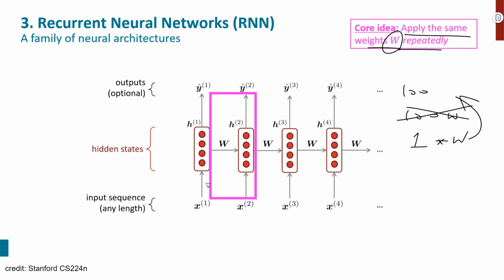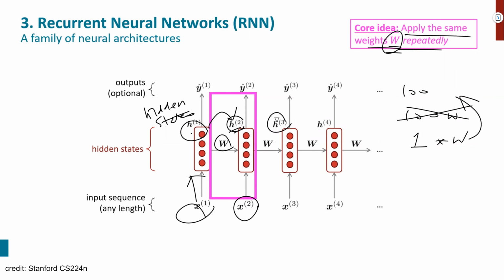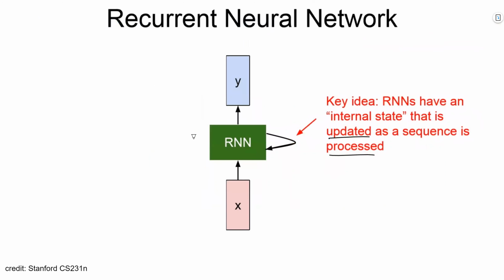However, we also keep track of the hidden state. This hidden state is updated using this same weight: W receiving X1 and H1 becomes H2, and W receiving X2 and H2 generates H3. So the weight here is fixed.